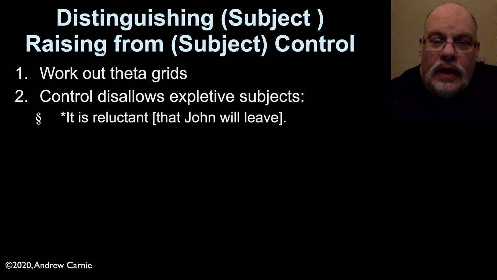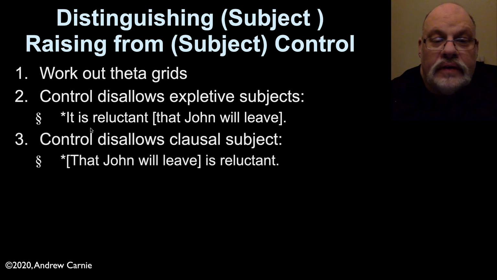Whereas with control constructions, the subject of a control predicate, like "is reluctant", is a theta position. So they're not going to allow expletive subjects. So you will find that you cannot say "it is reluctant that John will leave", where "it" is an expletive, not a pronoun, where it's functioning without meaning. This is ungrammatical, and that shows us that "is reluctant" is a control predicate.